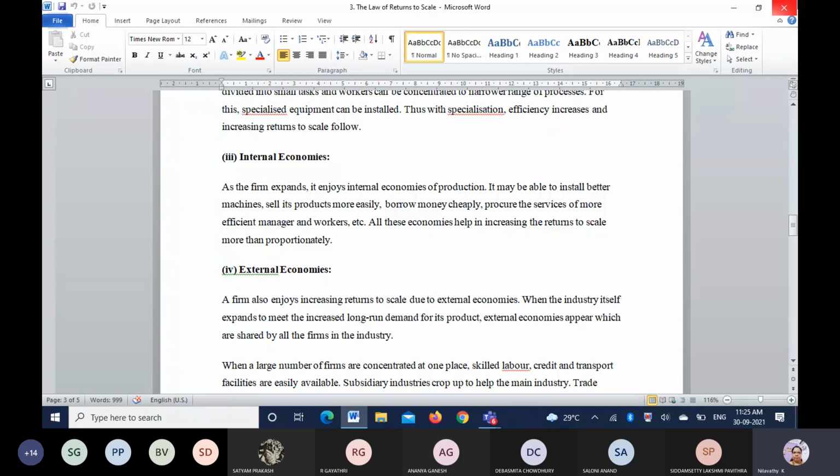There will be lots of transportation facilities and marketing facilities, everything, due to which you are enjoying a benefit. So this is economies. Economies means as you are a part of an industry, what advantages you are going to get. What you get within the industry becomes your internal economies. What you get from outside becomes your external economies.